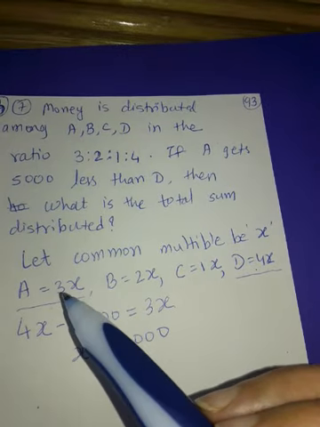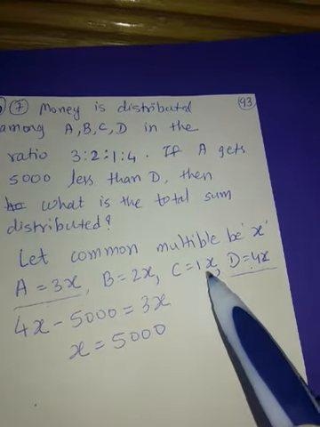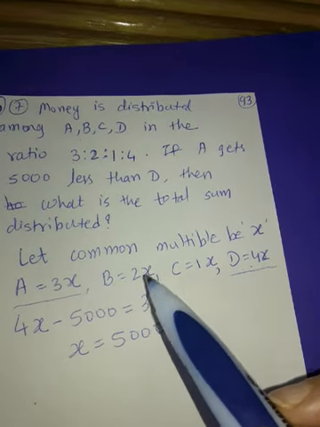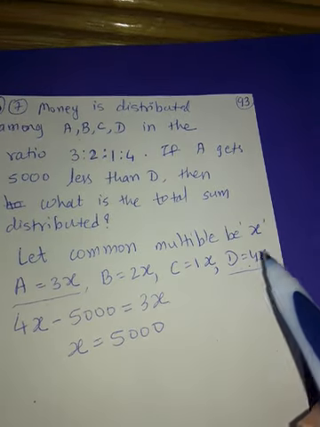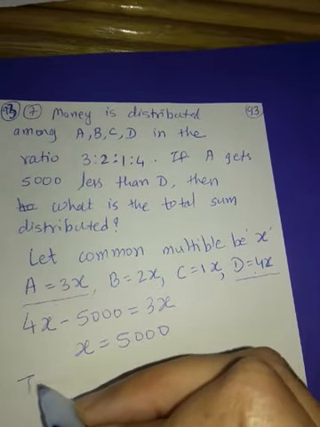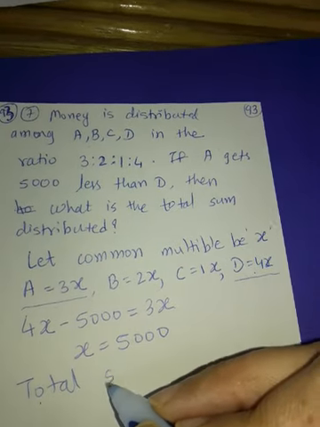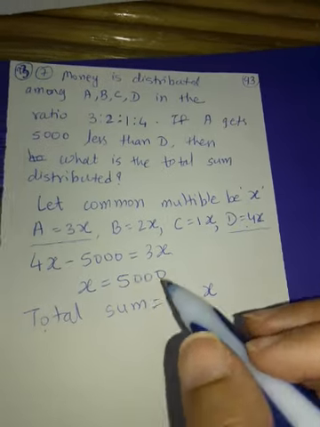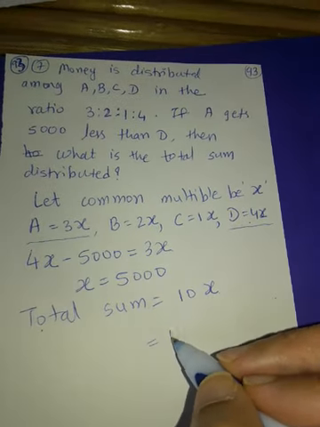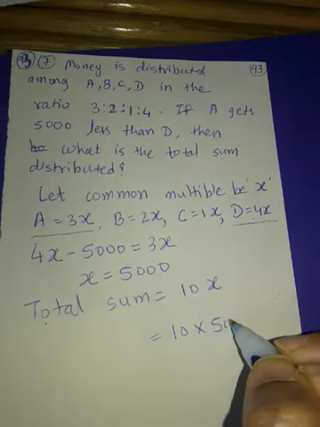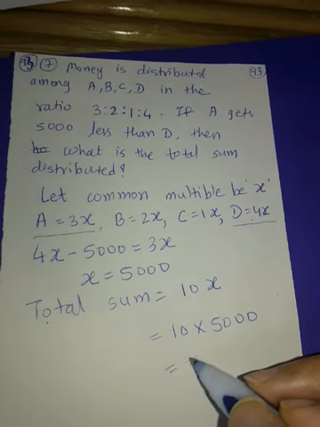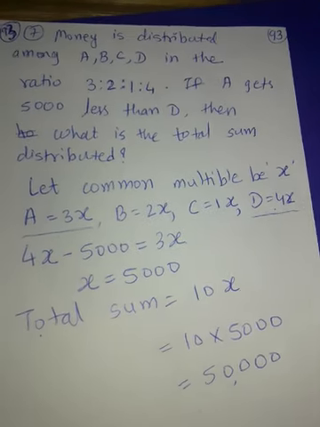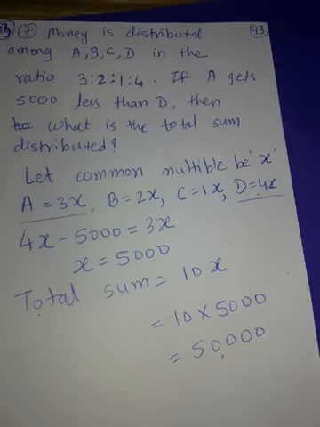Total sum is addition of all this total. 3 plus 2, 5, 5 plus 1, 6, 6 plus 4, 10. So total sum is 10x. And x is 5000, so it is 10 into 5000, that is 50,000. So total sum is 50,000.